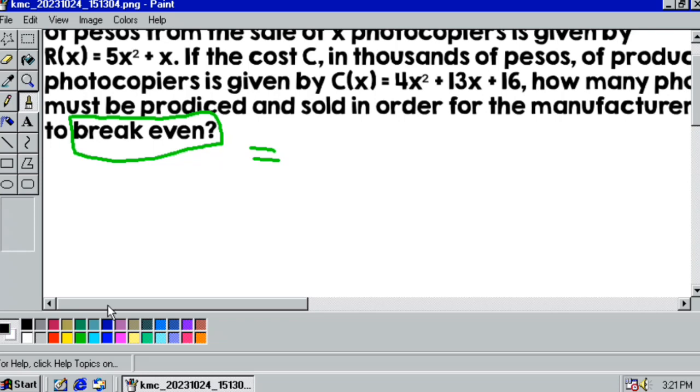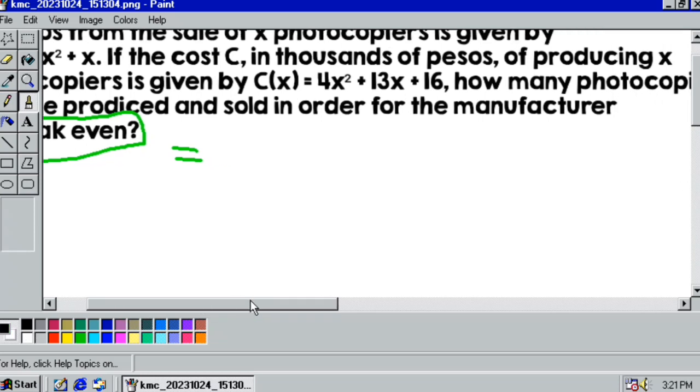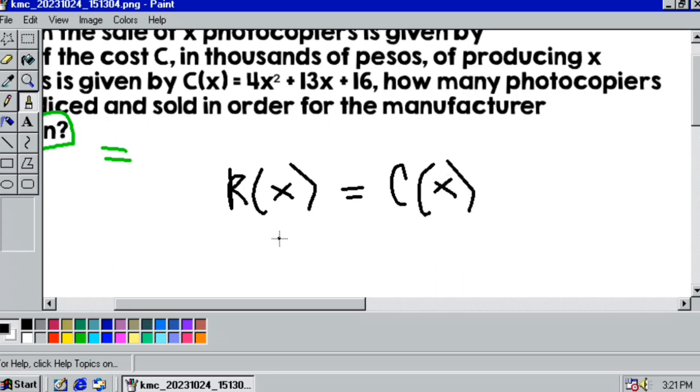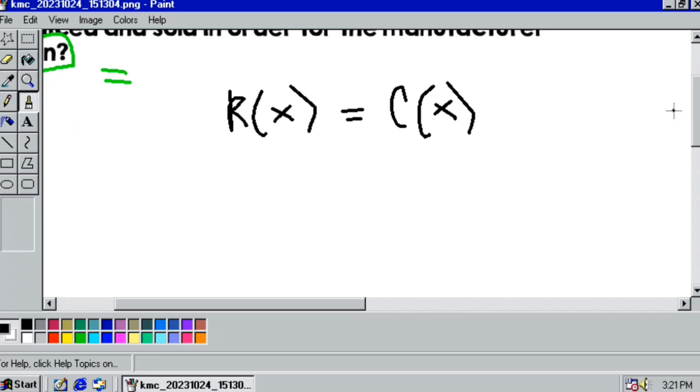Now, so we have the revenue and the cost are equal. So let's just plug in the revenue and the cost. For the revenue, we have 5x squared plus x, right? That's the given earlier.